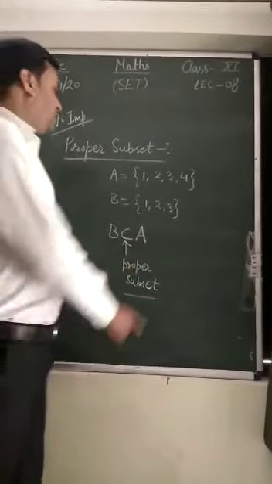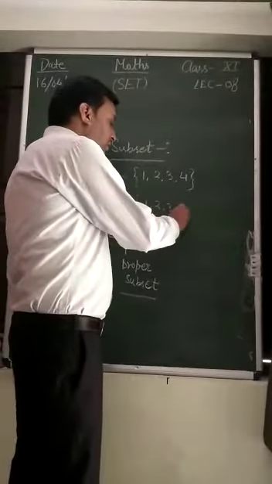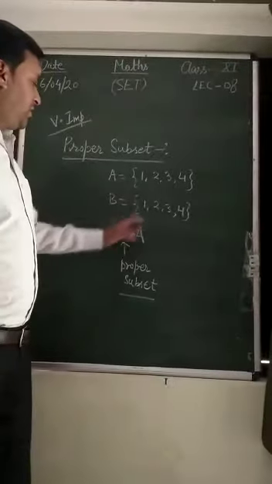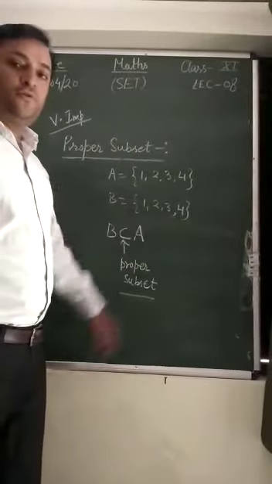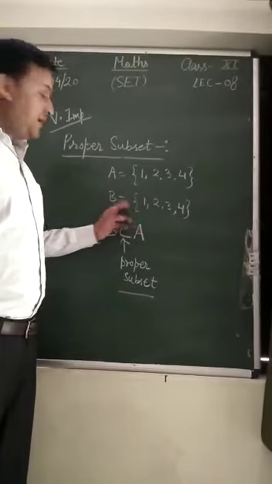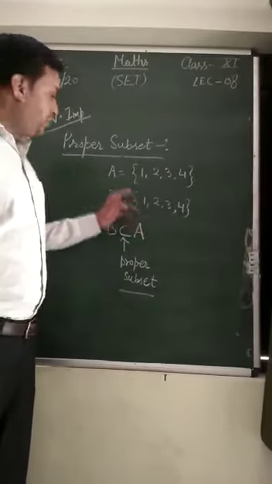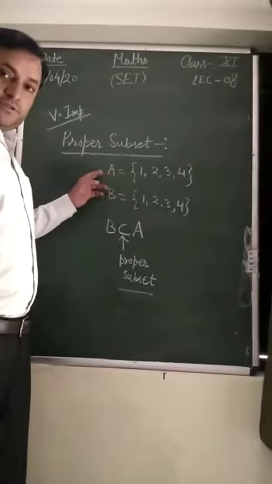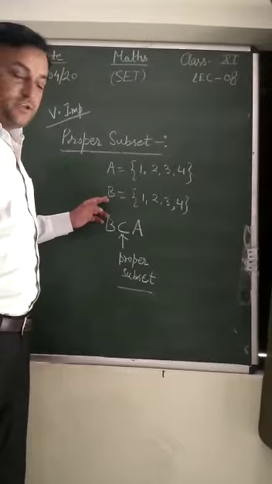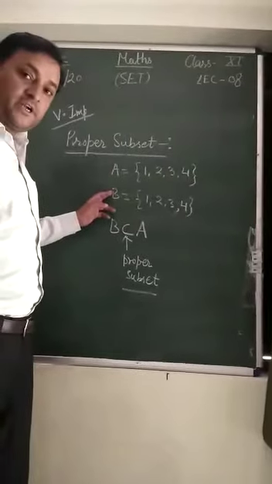So students, in this example, if I write the set B in this way, {1, 2, 3, 4}, and the set A contains the same elements as the set B, then we observe that the sets A and B are equal sets.